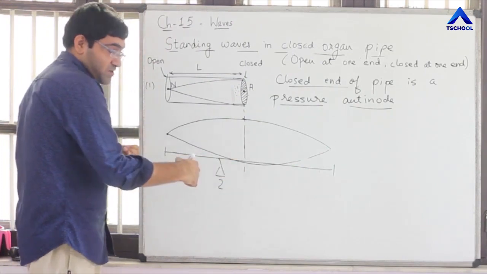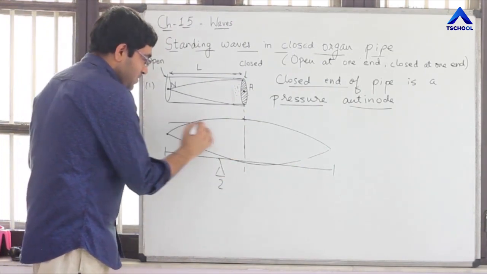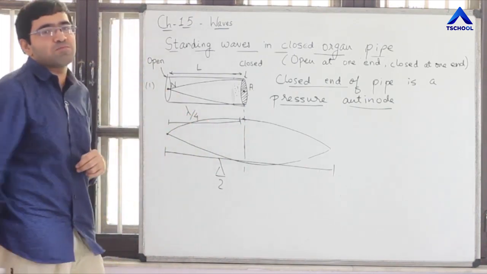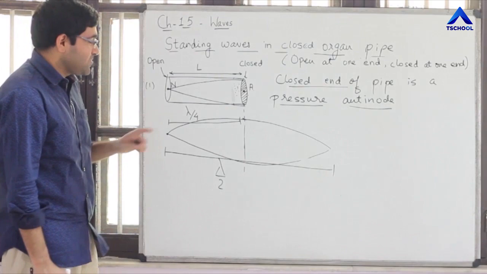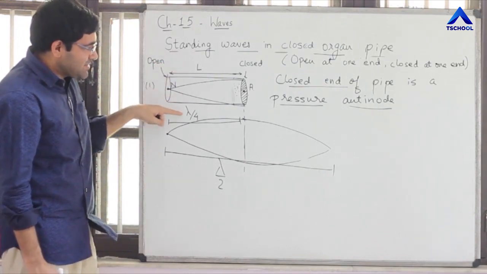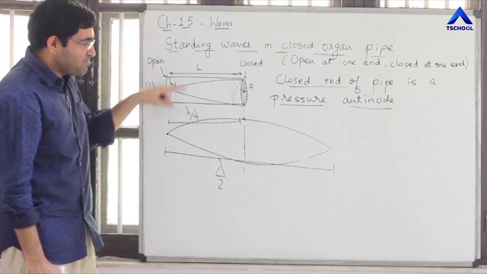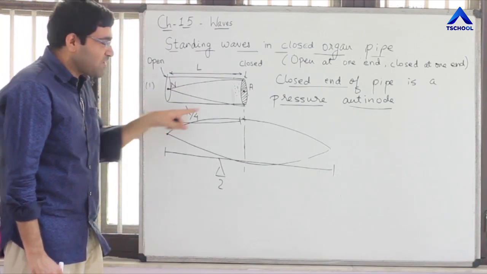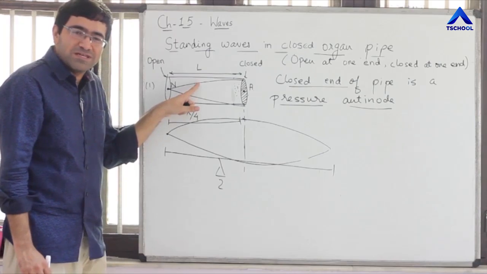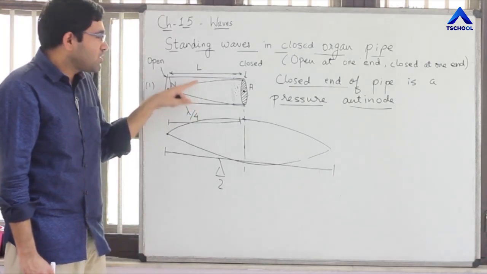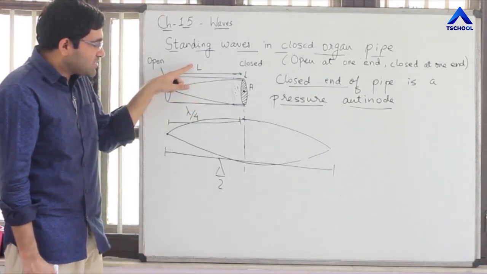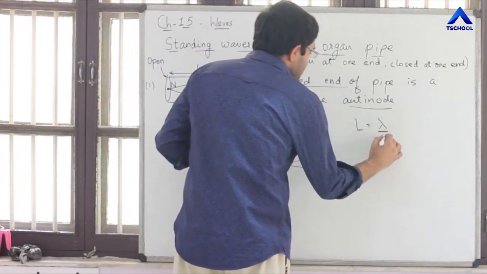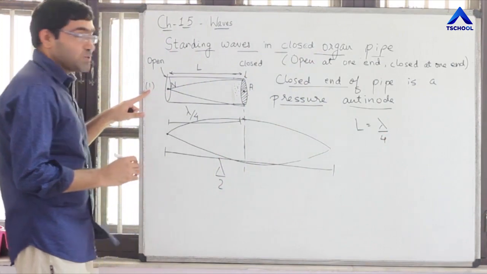So half of that length, only till here, should correspond to lambda by 4. So effectively this length L of the pipe matches lambda by 4, where lambda is the wavelength of the sound wave produced inside this pipe. That is what happens in the first case.